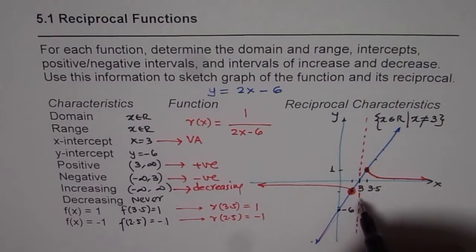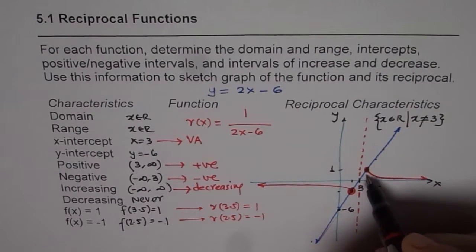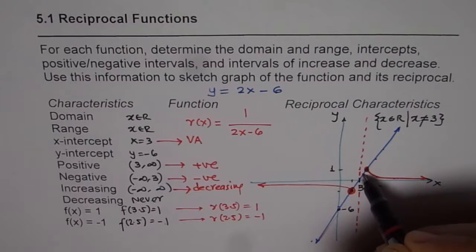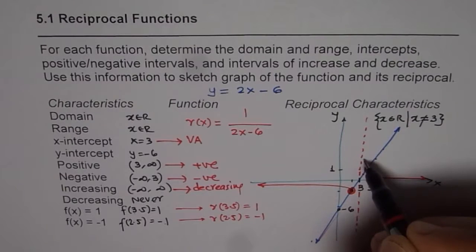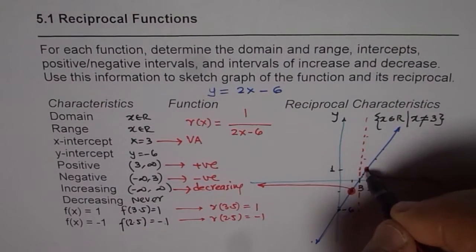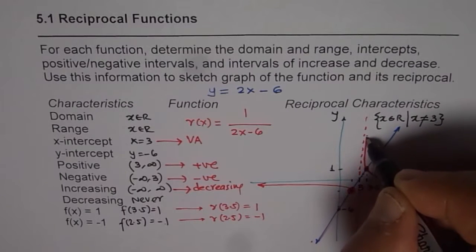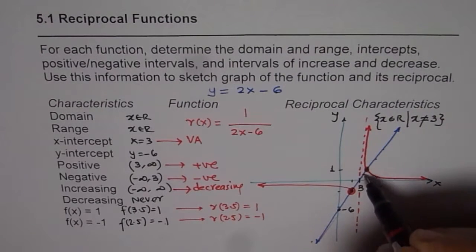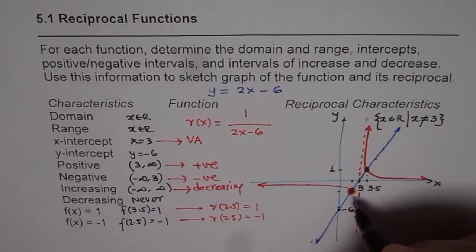Now, let's look at the points with y values between 0 and 1. If the y value is half, then the reciprocal will be higher, right? If y is half, then the reciprocal of half will be 2. If y is 1/3, the reciprocal will be 3. So it is going to increase, and it will approach very large values as we approach 0. That is how we can do both sides.